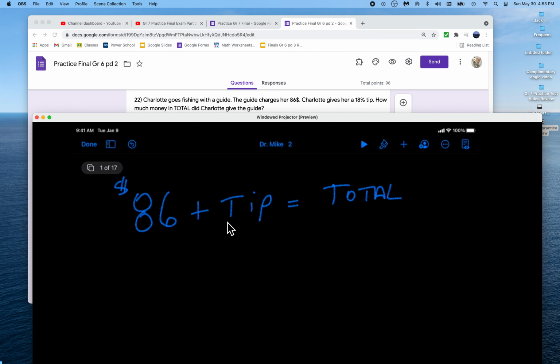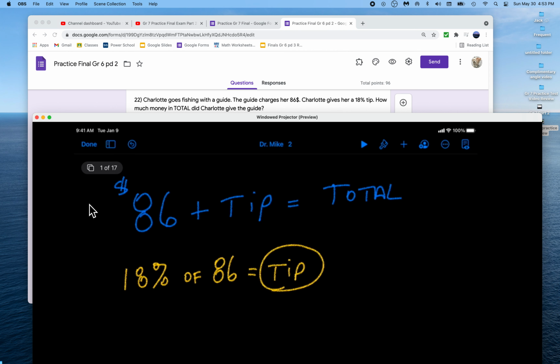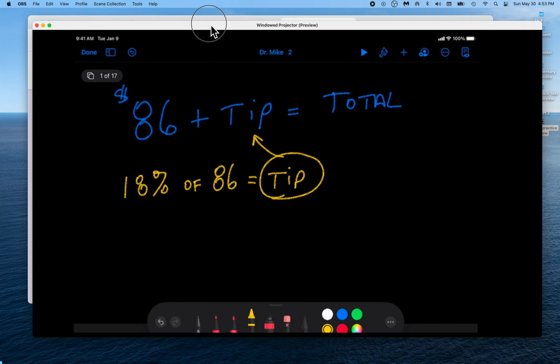Now, they don't tell us what the tip is, but they tell you that she gives 18% of the 86. So what we're going to do here, folks, is get 18% of 86. And whatever this is, that's going to be the tip. And we're going to take this amount and insert it in there, and then we're going to add them up to get the total. That's our game plan.